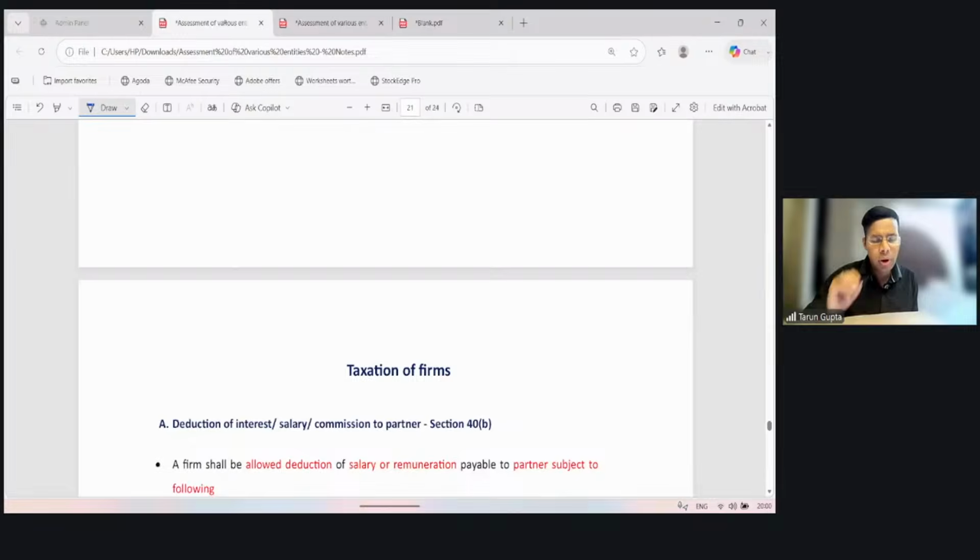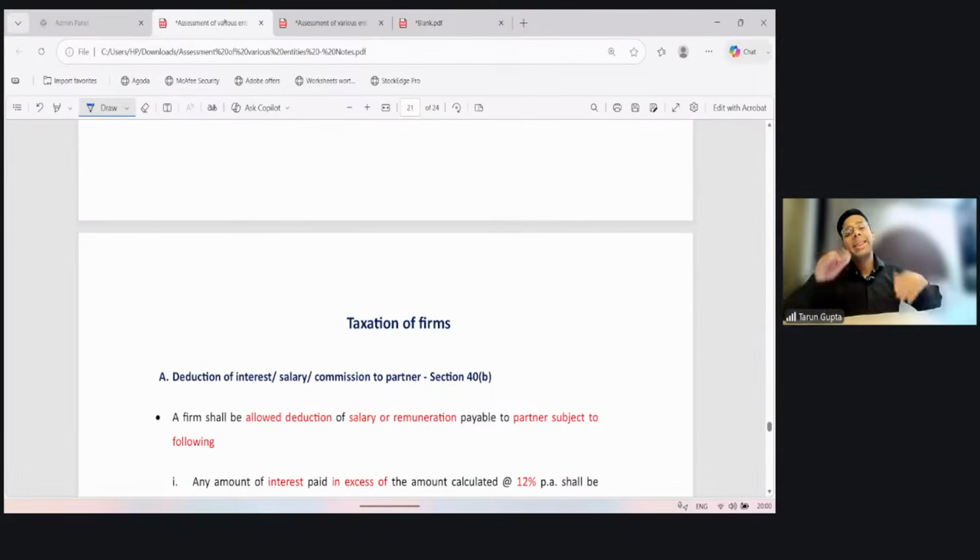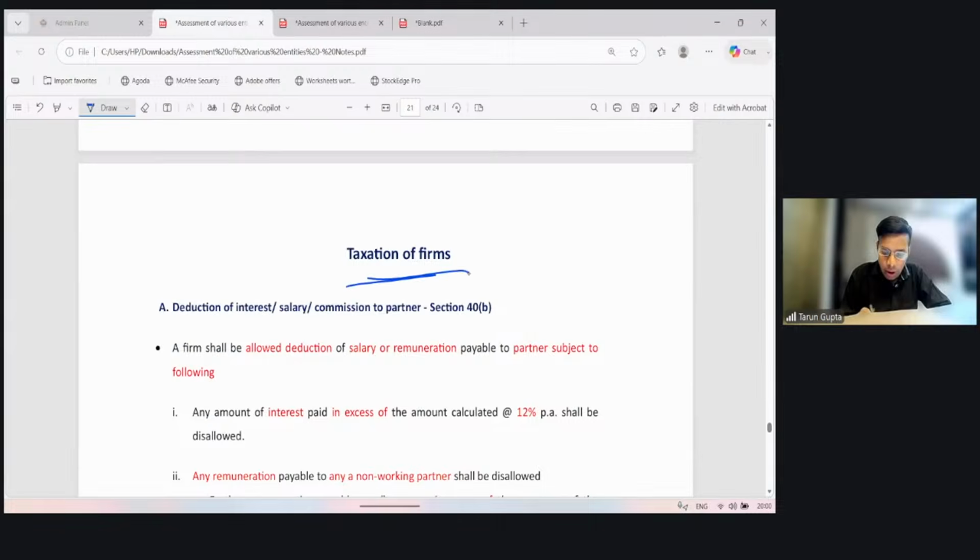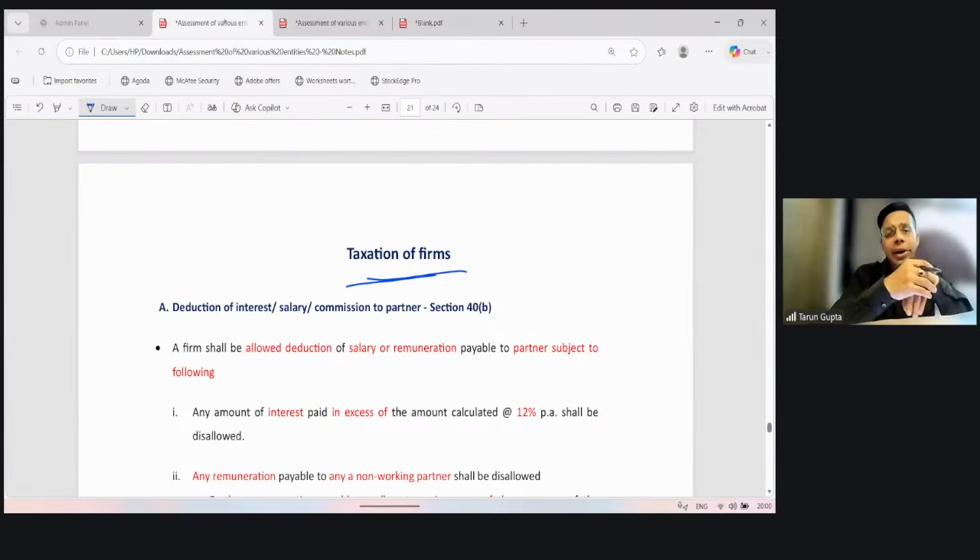Now we are moving to, this was all about taxation of a company. Now I'll move to taxation of firms. So what I'll do here, we'll discuss some of the specific provisions under the entire Act which are applicable only in case of a partnership firm. So when I talk about a partnership firm, the first provision which comes to your mind is Section 40B.